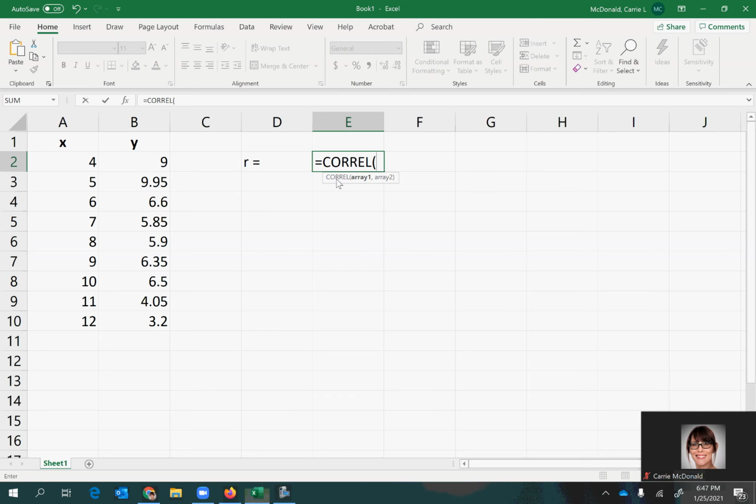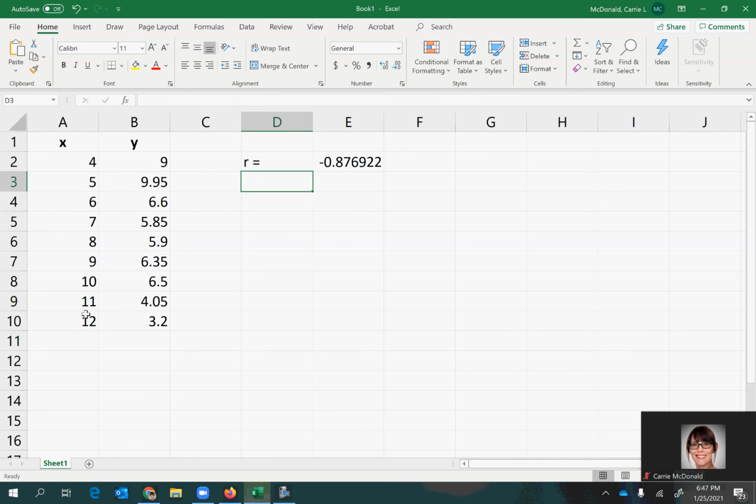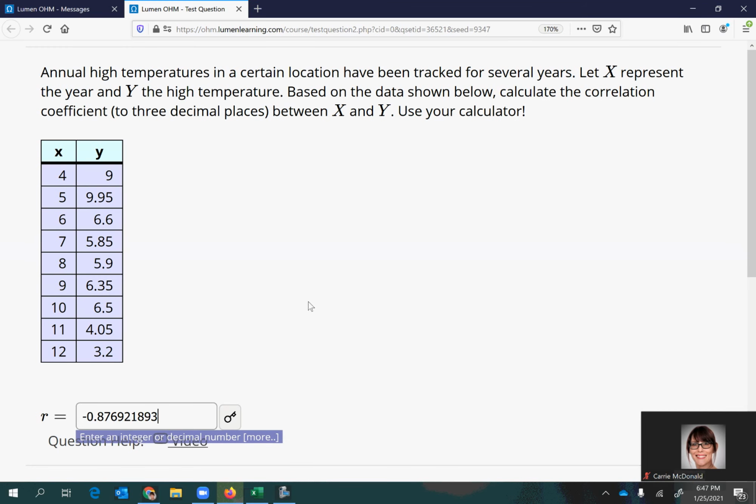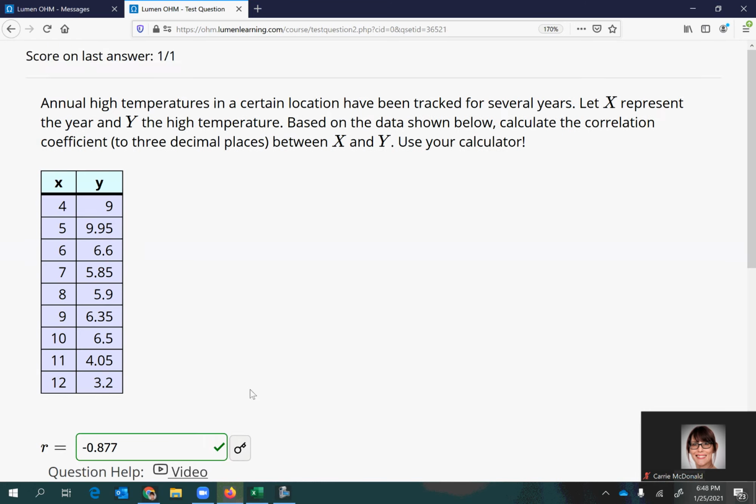Let's double click that, and then select array 1, which is all your X values, comma, then array 2 is all your Y values, and press enter. And there you have your correlation coefficient, which we can enter for our answer here. Now it says to round to 3 decimal places, so I'm going to do that. And that question is finished.